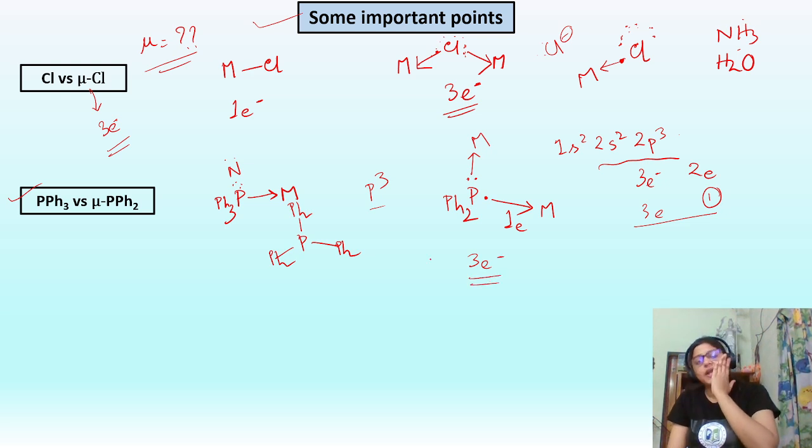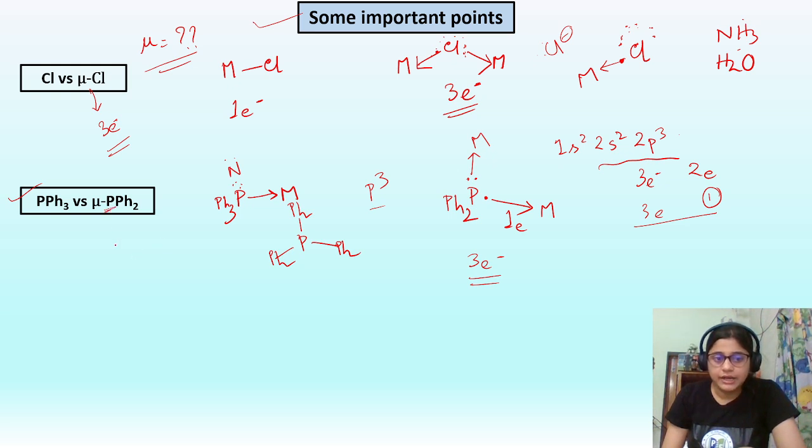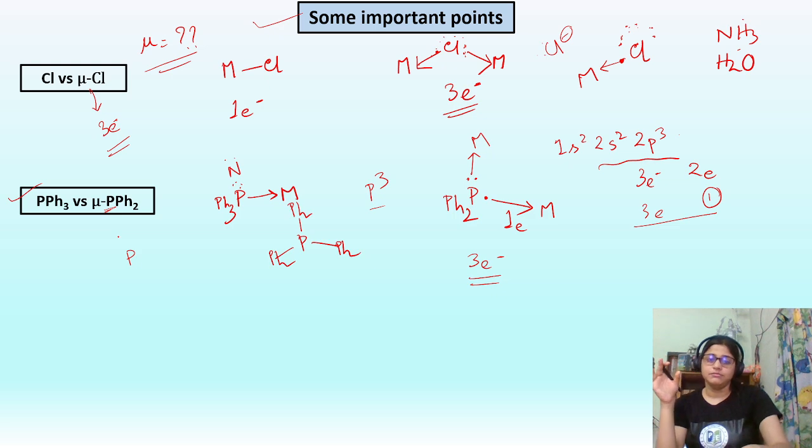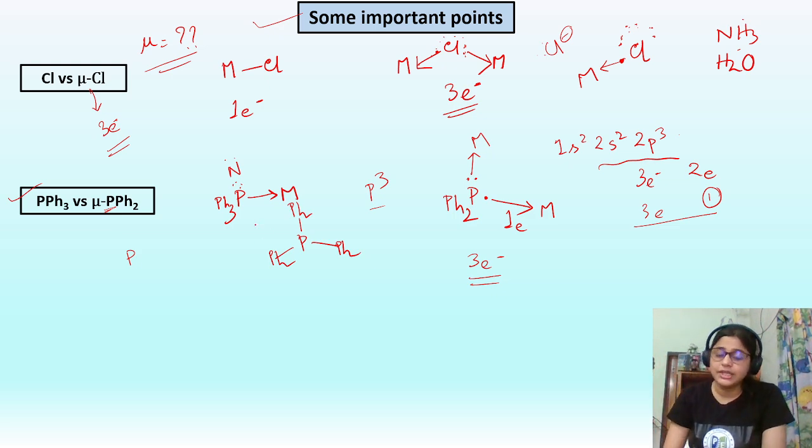For any group, any new kind of ligand can be given in the question, but you have to just see what atom is present in the donation, and you have to have the idea about its outermost electrons of that atom.